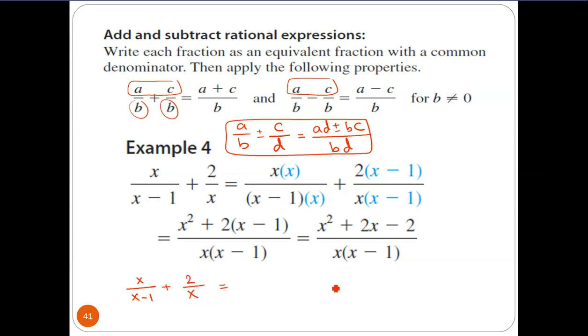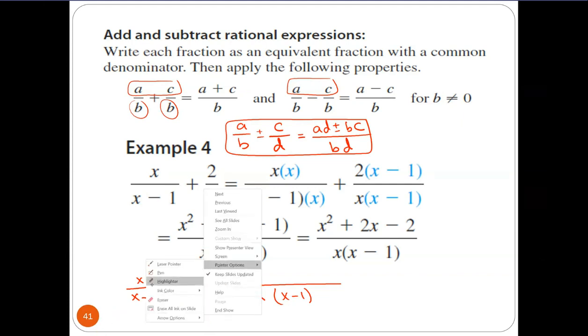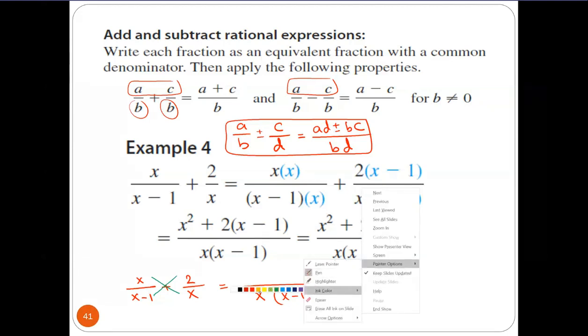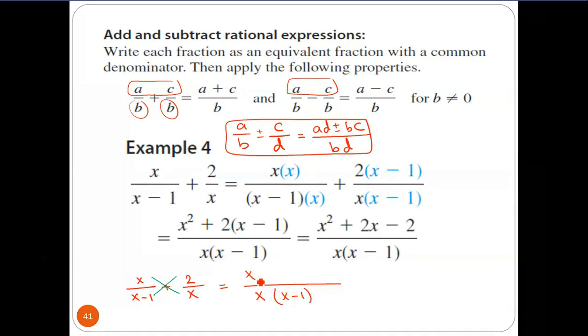This equals: multiply the denominators together, so multiply x with x minus 1, and do the cross product. x multiply x equals x square, and plus, since we have a plus, 2 multiply x minus 1.